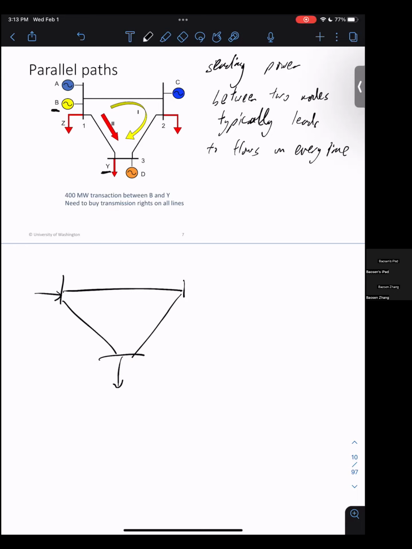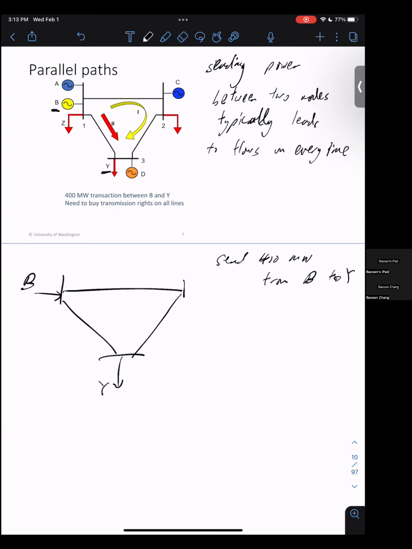Let's say I want to send 400 megawatts from here to here, and see what happens. This is B, this is Y: send 400 megawatts from B to Y.